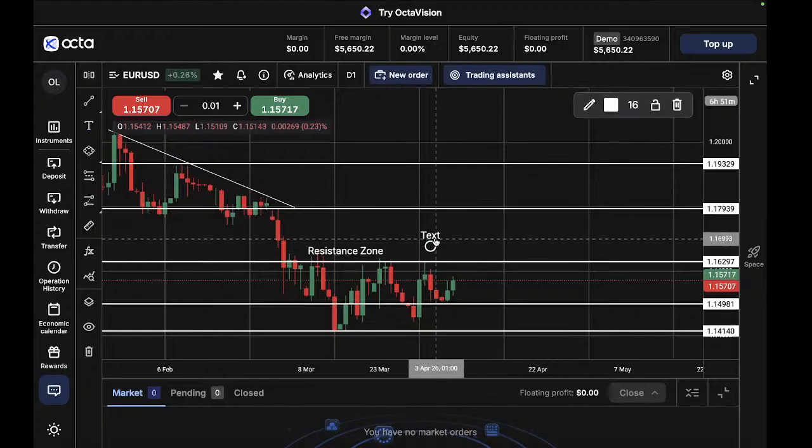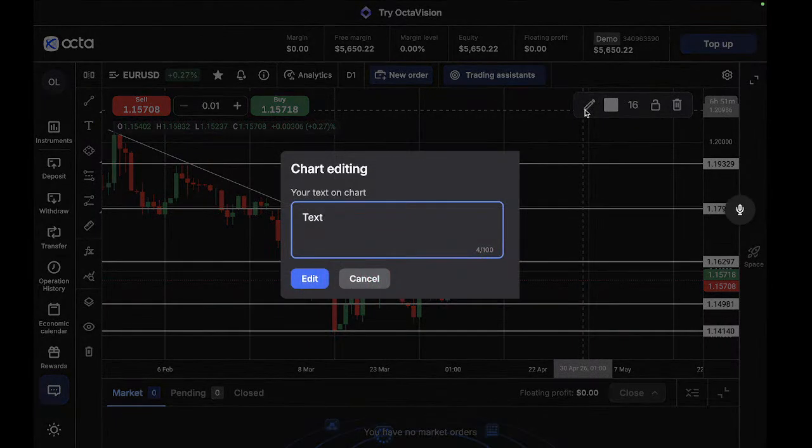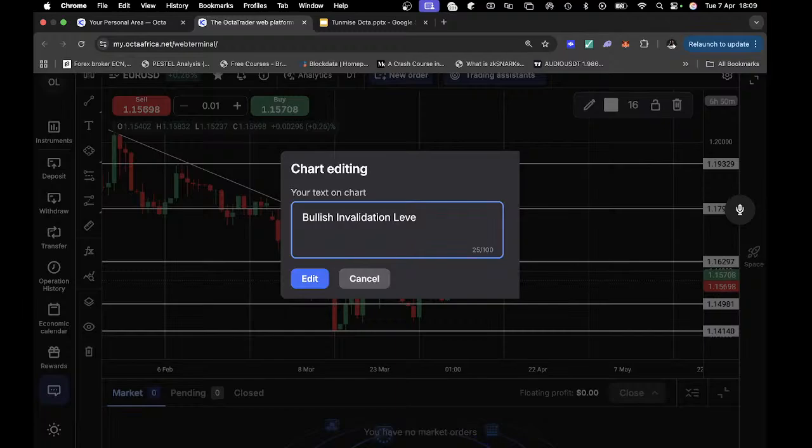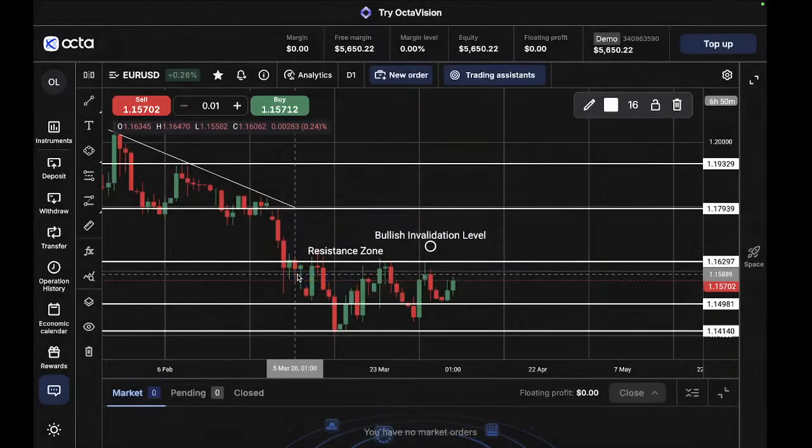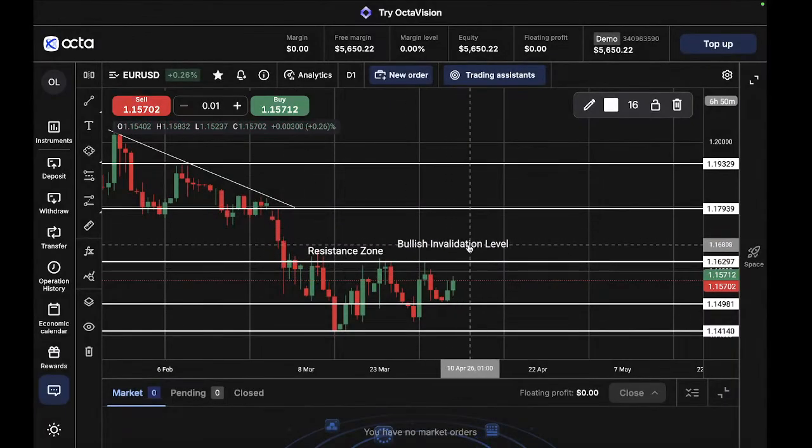Also, we can call it a bullish invalidation level.